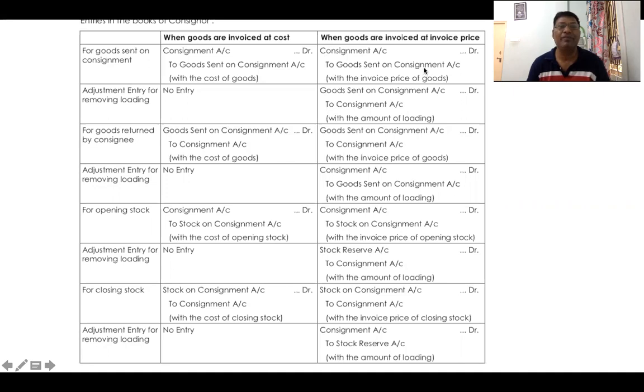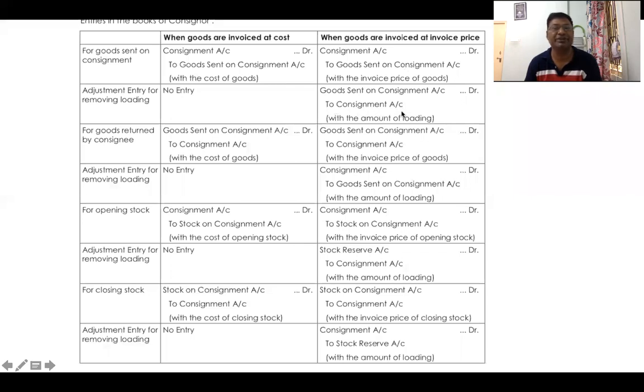Now there is no adjustment entry if it is not invoiced, because there is no profit loaded, but there is an adjustment entry for the profit loaded when invoiced. What is that? Goods sent on consignment debit to consignment account, meaning you are debiting the total amount of invoice price to the consignment account, and the profit loaded is credited to the consignment account.